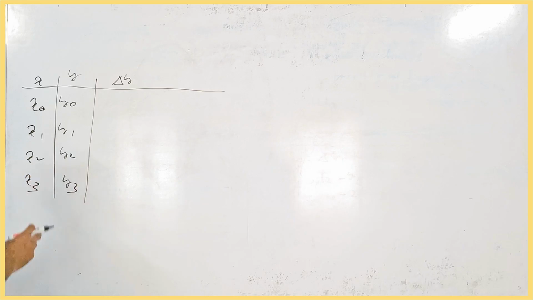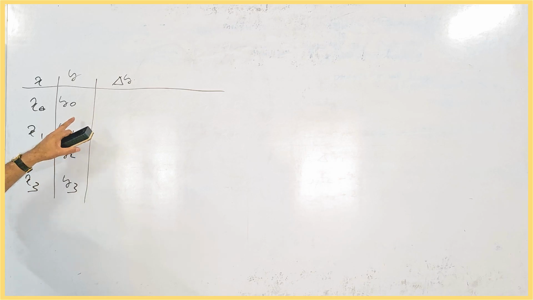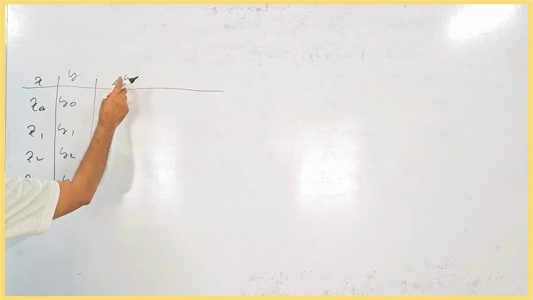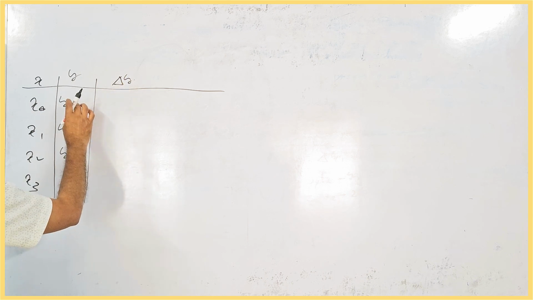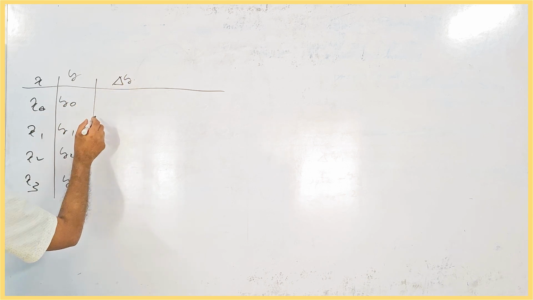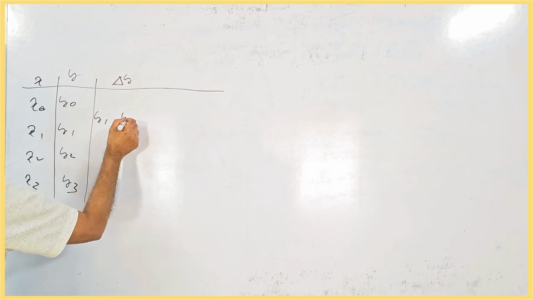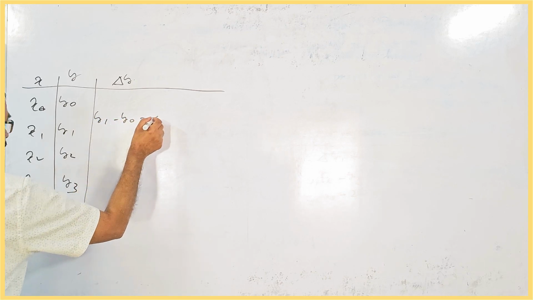Then y1 minus y0 is equal to delta y0, and this is written in between y0 and y1, in the middle of y0 and y1. So y1 minus y0 is equal to delta y0.